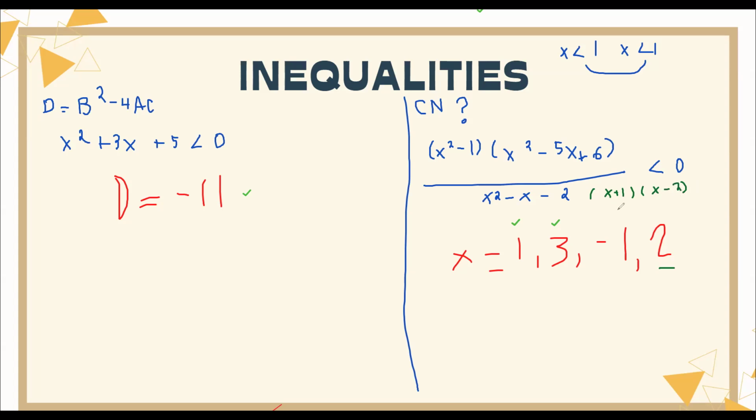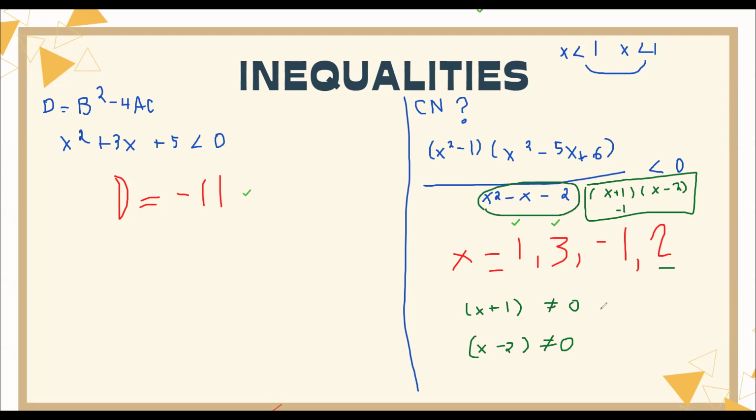Now, if x is negative 1, edi the whole equation will be undefined, right? Because your factors of the denominator, x plus 1, cannot be 0, and x minus 2 cannot be equal to 0. Otherwise, it will nullify your denominator.